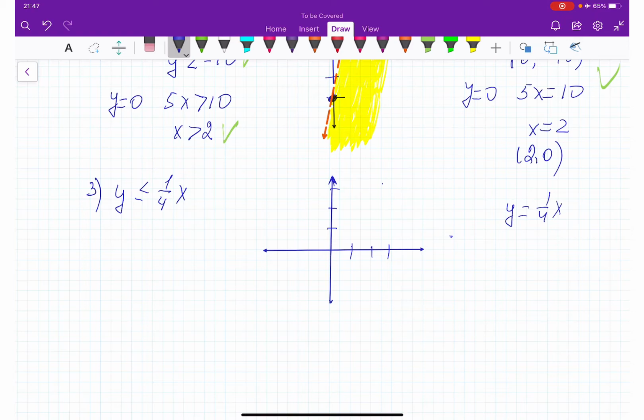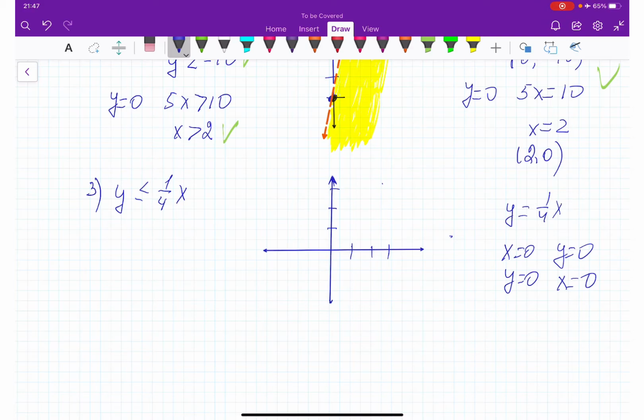Okay. So when x is 0, y is going to be 0 because we get 1/4 times 0, right? If y is equal to 0, x is also going to be 0. Why? Because if 1/4 of x is equal to 0, that means x has to be 0.